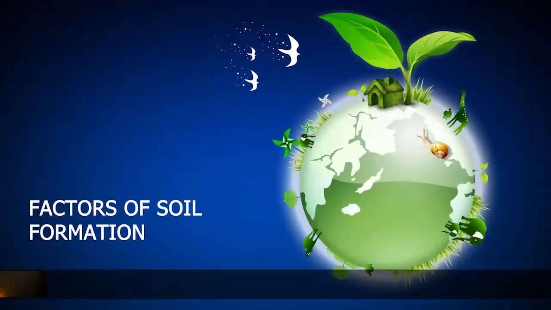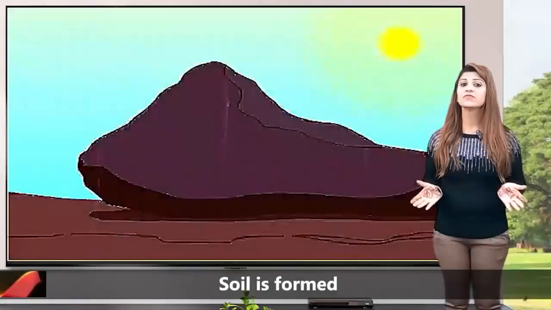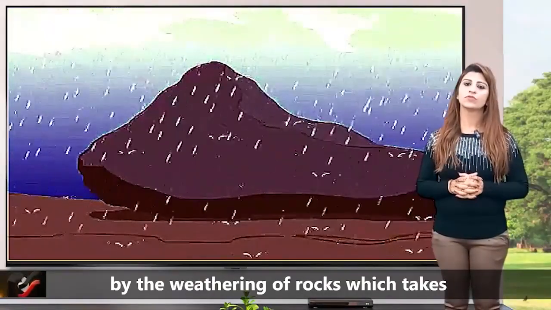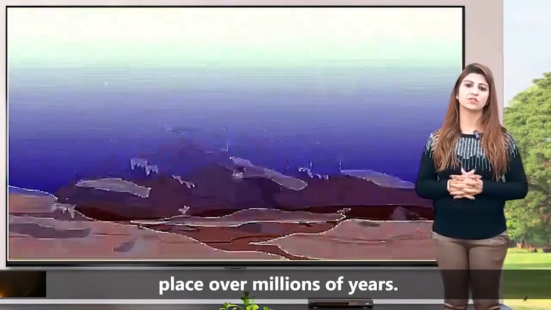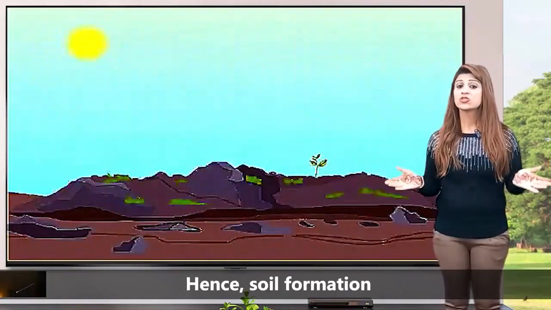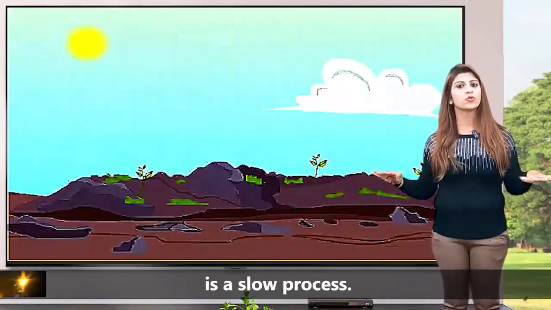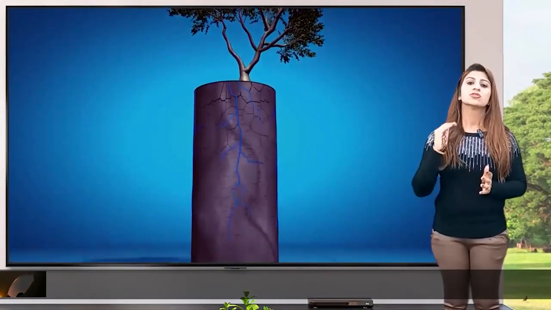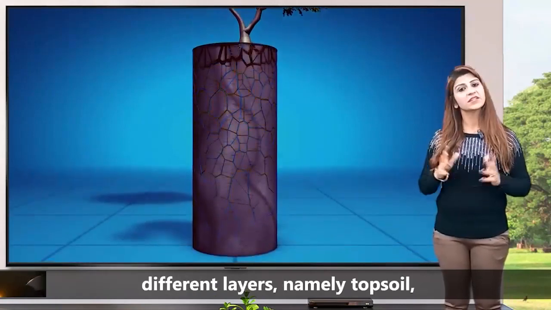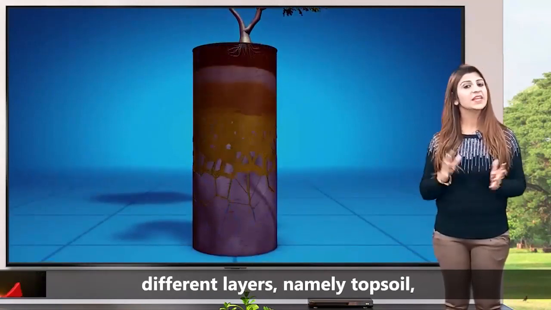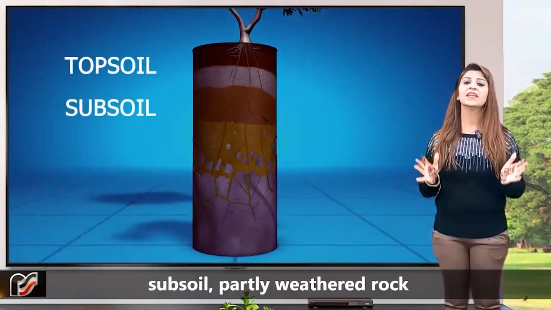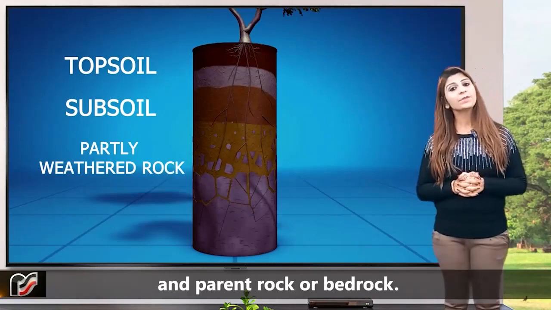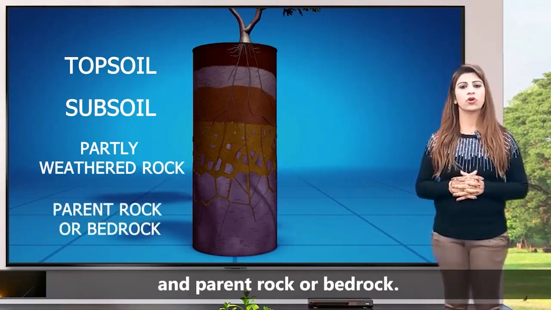Factors of soil formation. Soil is formed by the weathering of rocks, which takes place over millions of years. Hence, soil formation is a slow process. Soil formation takes place in different layers, namely topsoil, subsoil, partly weathered rock, and parent rock or bedrock.